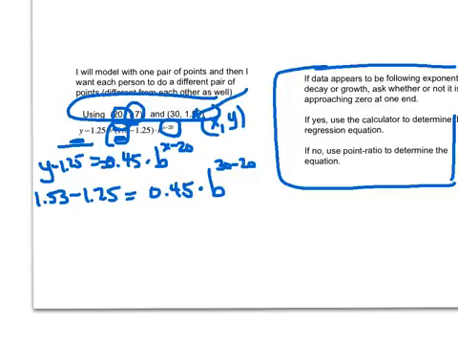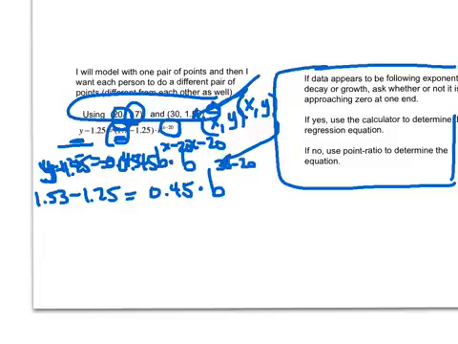So the 1.7 is 0.45 units above the 1.25 rest position. b is what I don't know. And the second coordinate, (30, 1.53), is an x, y value that I can use to substitute into this equation so that I can find what b is.